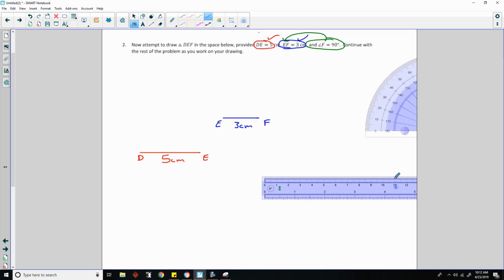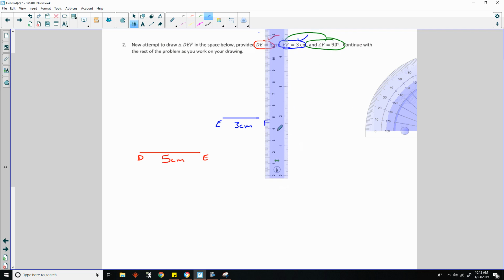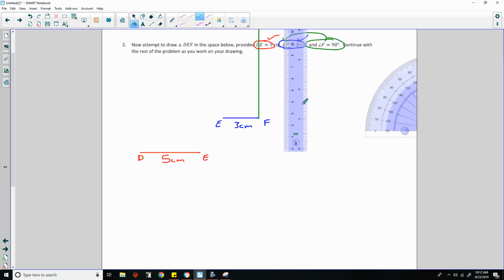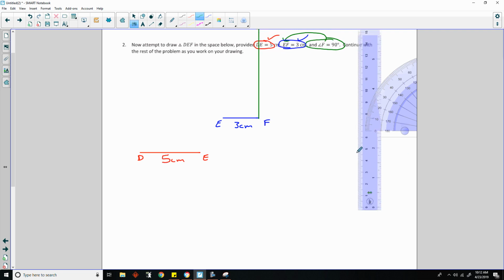Move my protractor, get my ruler, put it right on the end at F, and I will make this green, and I'll draw a segment up like so. Okay. So there's my right angle, and there's my sides.